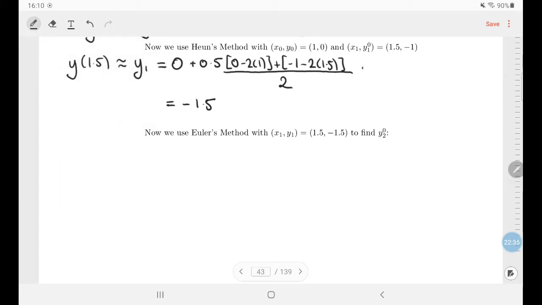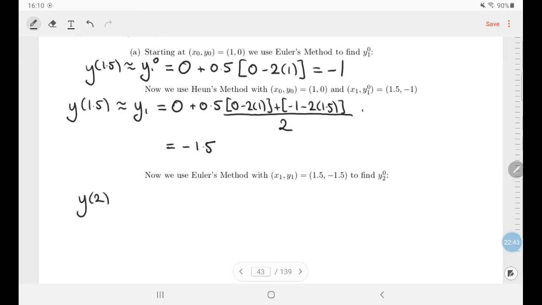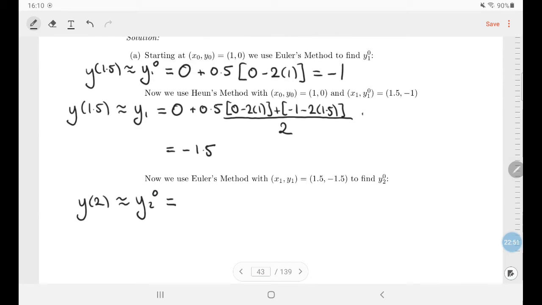So the y value at 2, which I don't really like, I really shouldn't even put, because we're not going to use this as an approximation. Y2 predictor is the previous y value. We've used that.